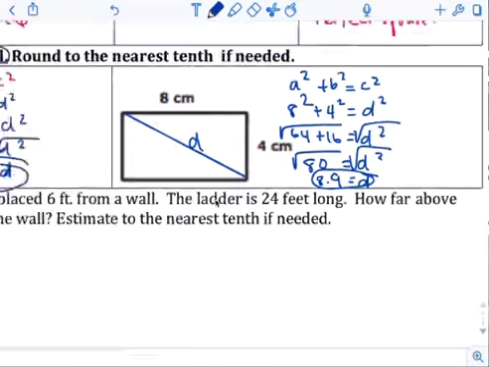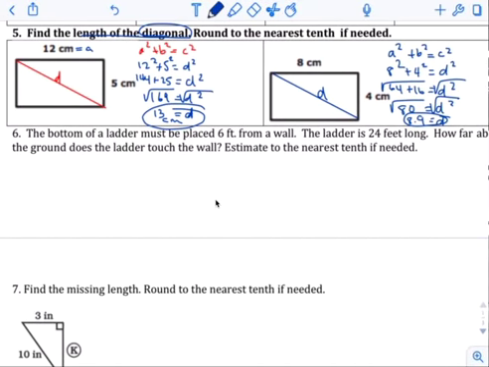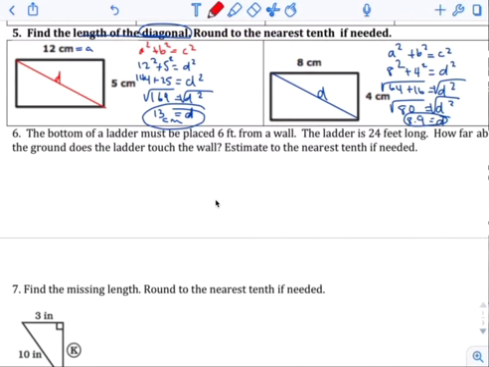Now this is, okay. Ooh. A ladder must be placed 6 feet from a wall. So here's a ladder. Here's the wall.